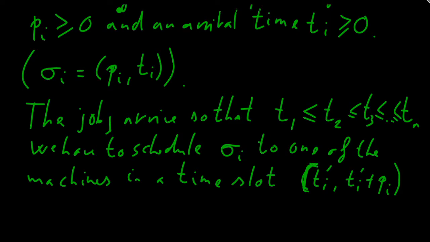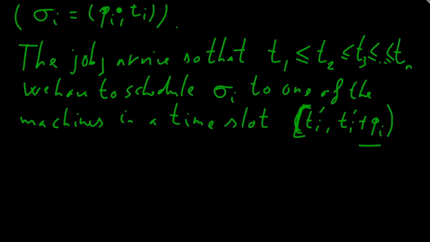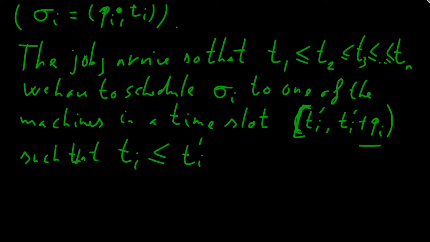So basically we have to assign an interval of time having length pi on one of the machines, so that ti is the lower bound for ti prime, which means simply that we cannot schedule a job to a time slot before it arrives.